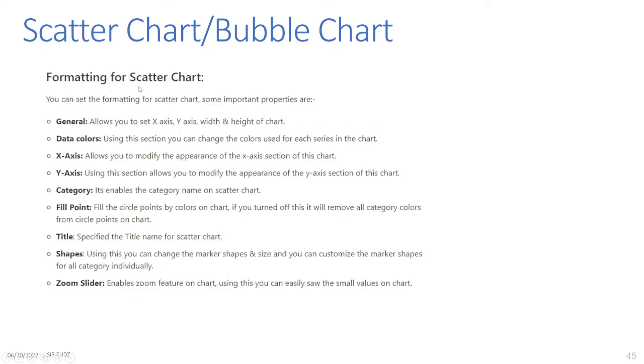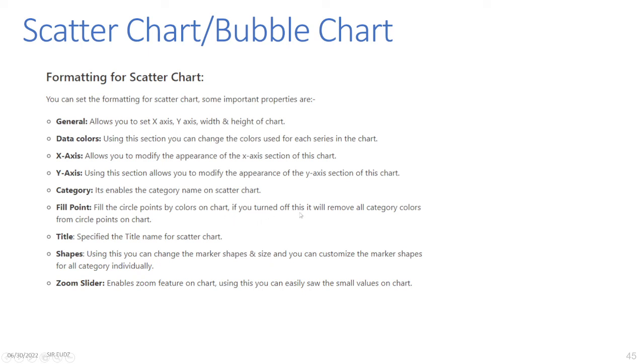Formatting for scatter chart. You can set the formatting for the scatter chart, and some important properties are general. Data colors, you can use this section to change the colors used for each series. You have x-axis, y-axis, category. It enables the category name on the scatter chart. Fill point, so this one, fills the circle points by colors on the chart.